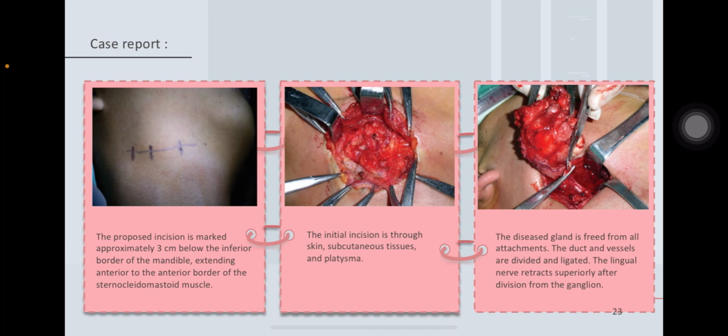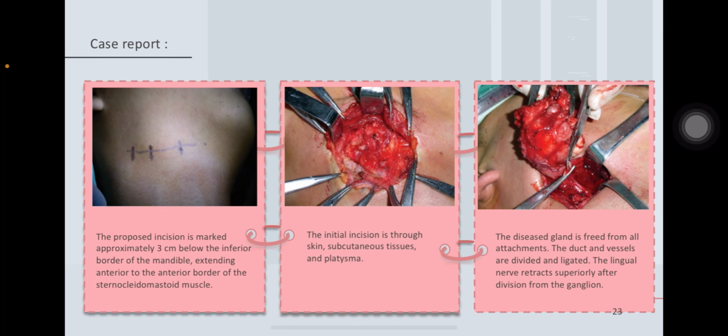The incision is made firstly through the skin, the subcutaneous tissue, and the platysma muscle. Then raise a subplatysmal flap superiorly to expose the superficial aspect of the submandibular gland. Use nerve stimulation to assist in the identification of the marginal mandibular nerve.